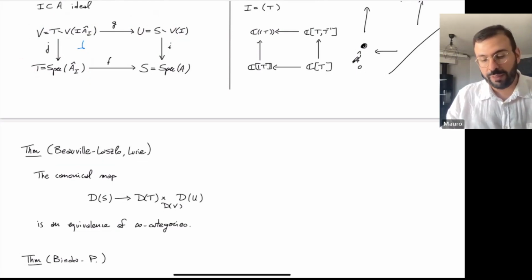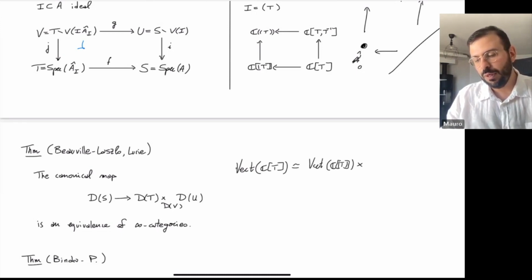Beauville-Laszlo proved it for vector bundles. So this is saying, for instance, that vector bundles on C[T] can be written as vector bundles on formal power series, vector bundles on Laurent series, and vector bundles on C[T, T^-1].